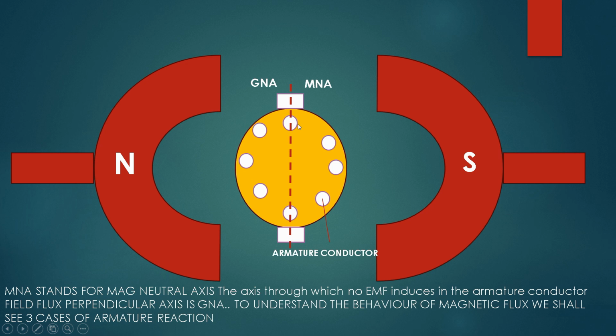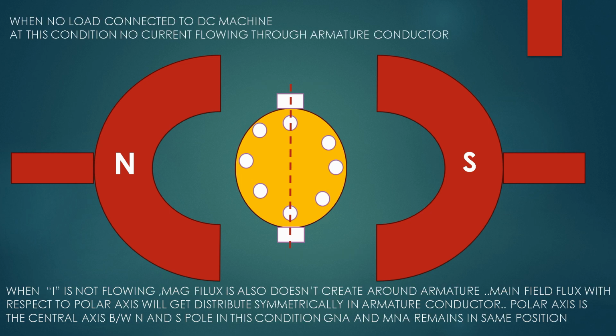To understand the behavior of magnetic flux, we shall see three cases of armature reaction. The first one, when no load is connected to the DC machine, at this condition no current will flow through the armature conductor. So when current is not flowing, the magnetic flux also doesn't get created around this armature.